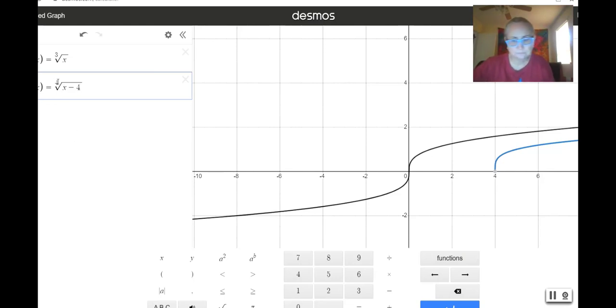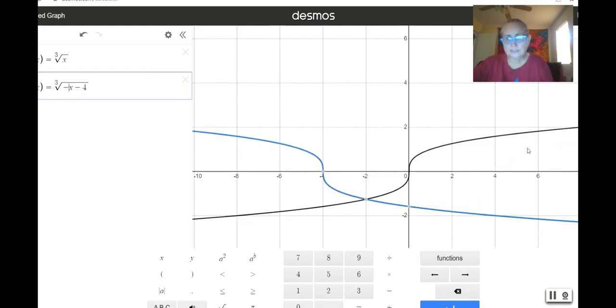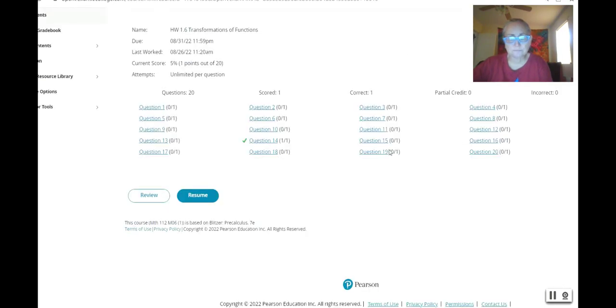Oops, let's do a cube root. There it is. So there's the 4, okay? And that 4 is going to go over here to -4. Okay, now I'm going to change that minus sign and see how it reflected it over here. Okay, so we went to the right 4, and then we reflected across the y-axis.